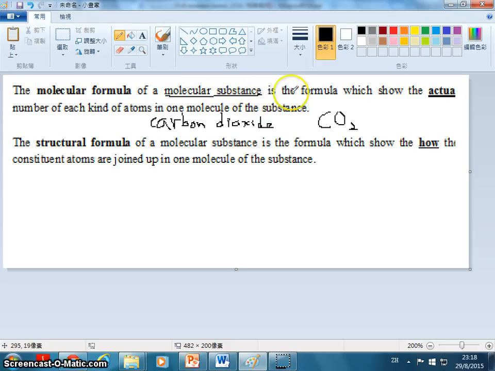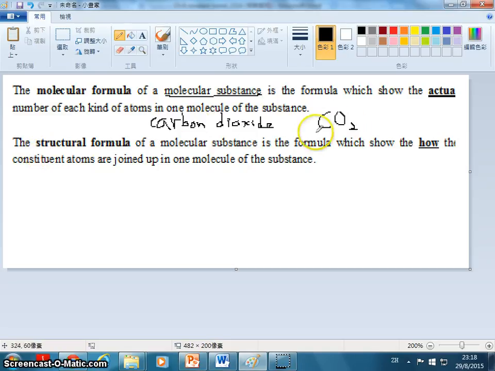So molecular formula is a formula which shows the actual number of each kind of atom in one molecule of the substance. So that is to tell you what atoms are involved in the compound. That is the most simple formula that you have.